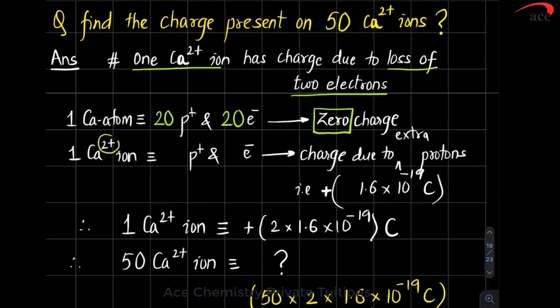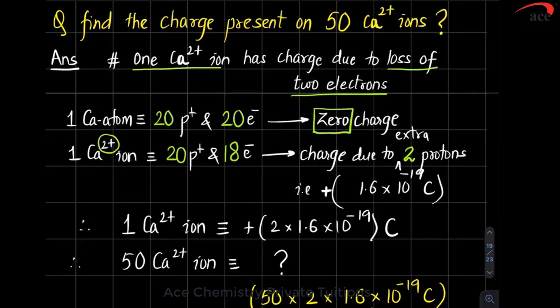But when you say 1 calcium ion, protons number will remain same because nucleus remains unaffected, but electrons will become 18. So electrons will become less.